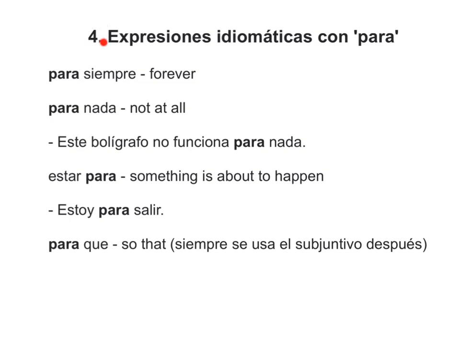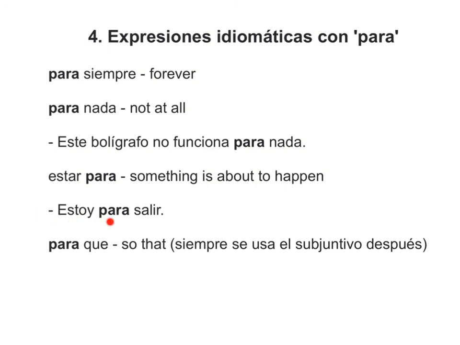Ahora tenemos algunas expresiones idiomáticas con para. Para siempre, forever. Para nada, not at all. Ejemplo, este bolígrafo no funciona para nada. This pen doesn't work at all. Estar para, to express something that is about to happen.